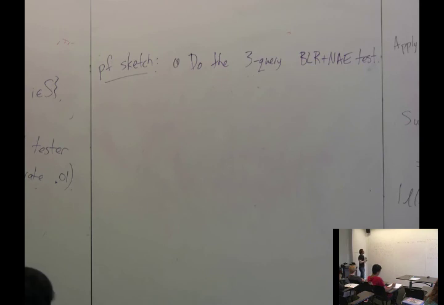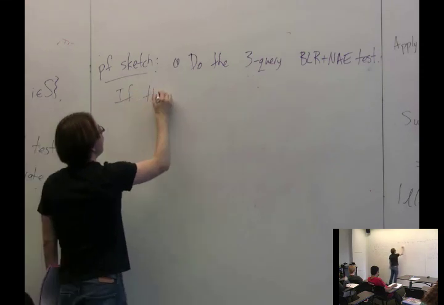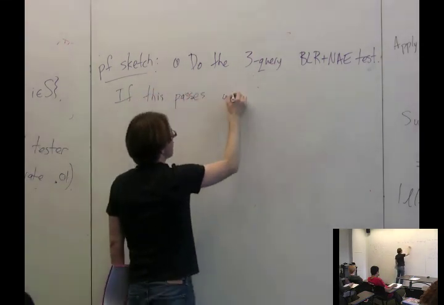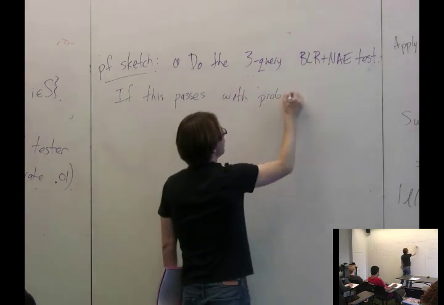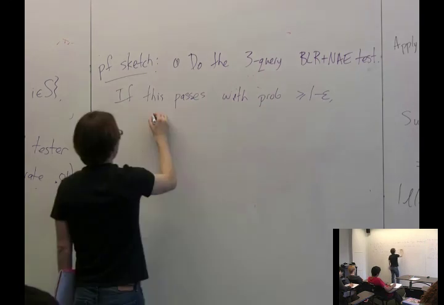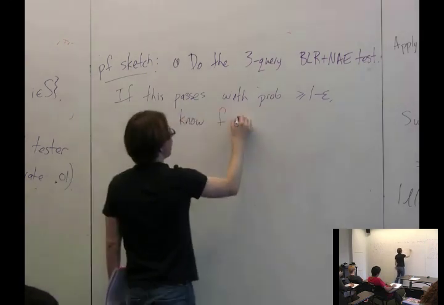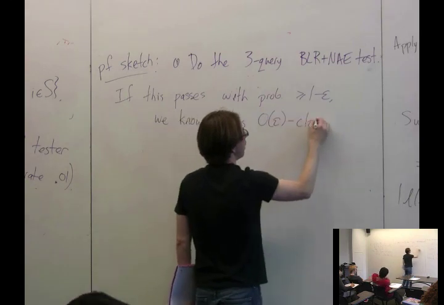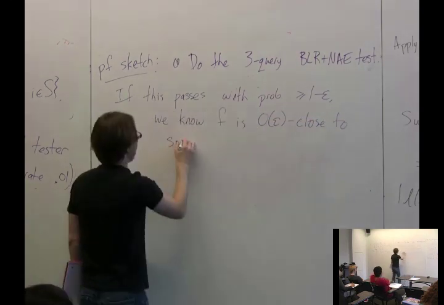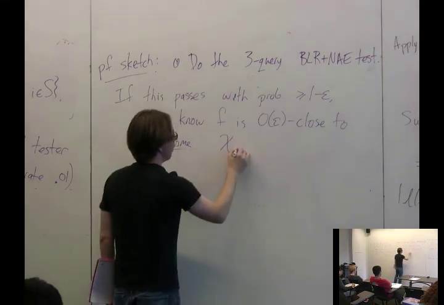Good. So the main thing we need to do in the proof sketch is say that if an arbitrary function f passes the test with probability 1 minus epsilon, then it's epsilon close, or O of epsilon close, to being in this set S. So if it is accepted with probability at least 1 minus epsilon, we know that f is O of epsilon close to some dictator, chi I star.